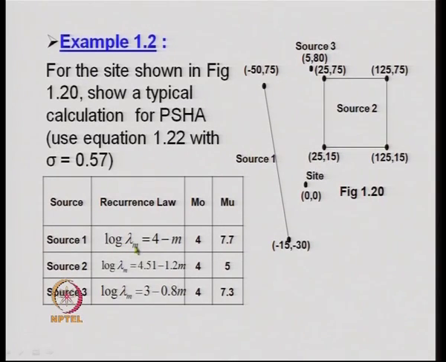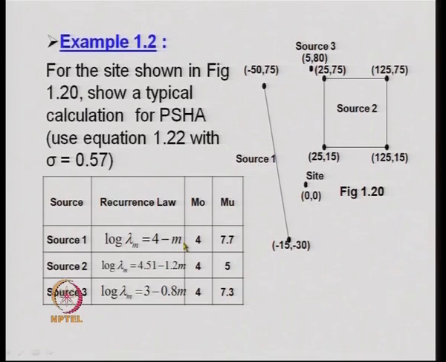So, this is the average rate of the exceedance of an earthquake of magnitude m. This is equal to 4 minus m for source 1, for source 2 it is 4.51 minus 1.2 m, and for source 3 it is 3 minus 0.8 m.